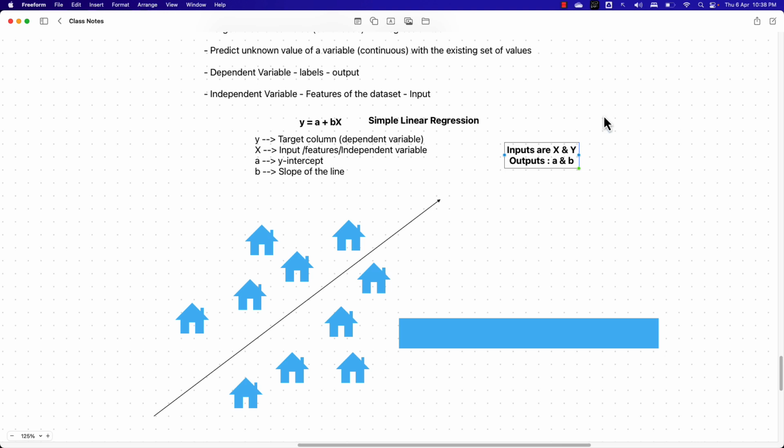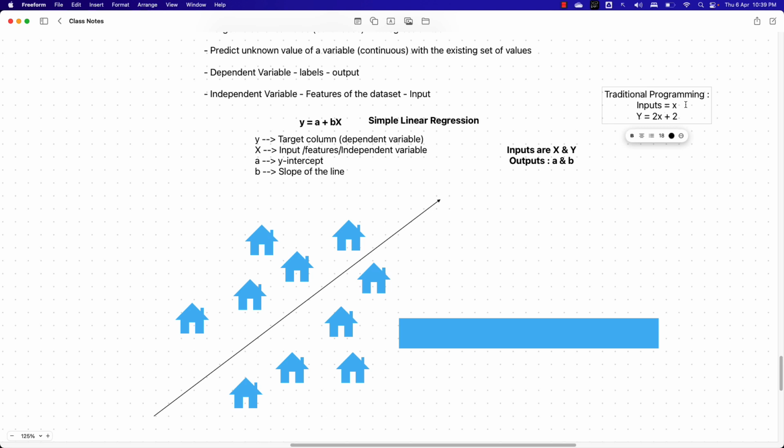Now consider the traditional programming approach. In traditional programming, I will have something as an input, say x, and with this input I will find the output. That means as a developer, I'll write the equation y is equal to 2x plus 2.